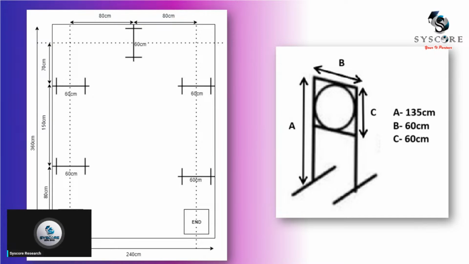As you can see in the right picture on the slide, A is for the height, and B is for the diameter of the obstacle. A is 135 cm, so the height will be 135 cm. And the diameter of the obstacle is 60 cm. I will repeat again, the diameter of the obstacle is 60 cm.